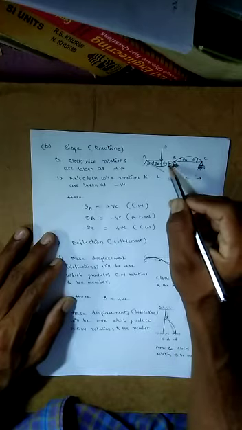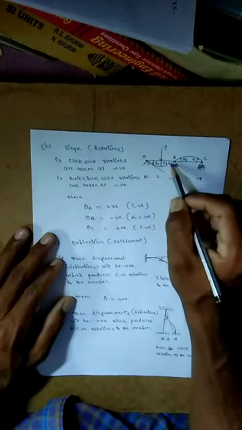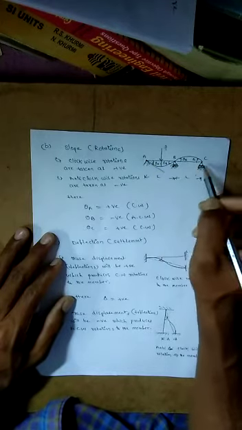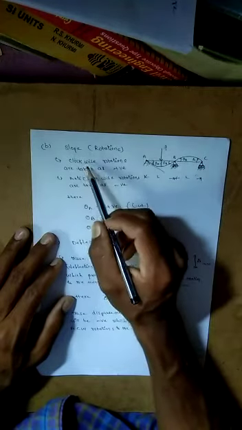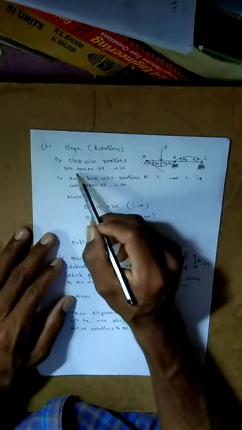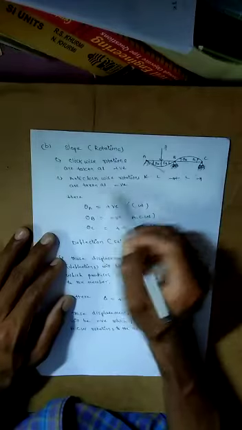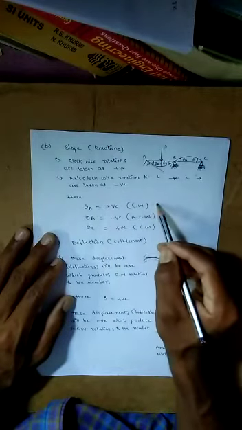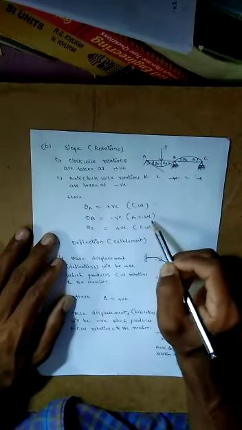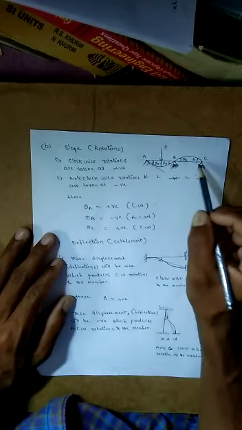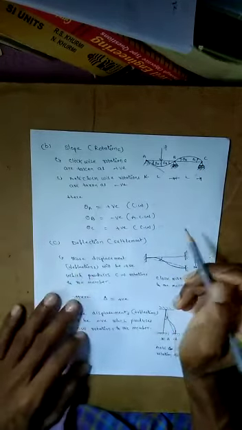Support A rotates clockwise, support B rotates anti-clockwise, and support C rotates clockwise. For slope rotation, take the sign convention: clockwise rotations are taken as positive, and anti-clockwise rotations are taken as negative. Here theta A is clockwise, so I take it as positive. Theta B is anti-clockwise, so I take it as negative, and theta C is clockwise, taken as positive.